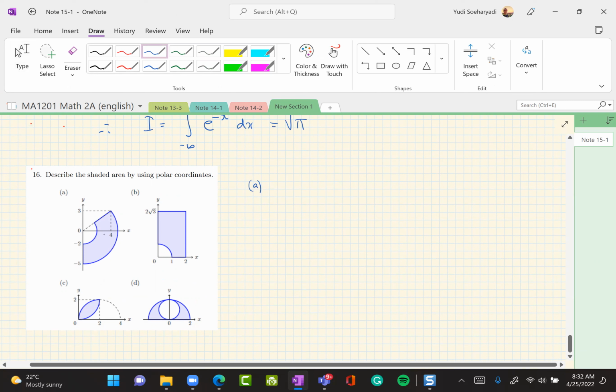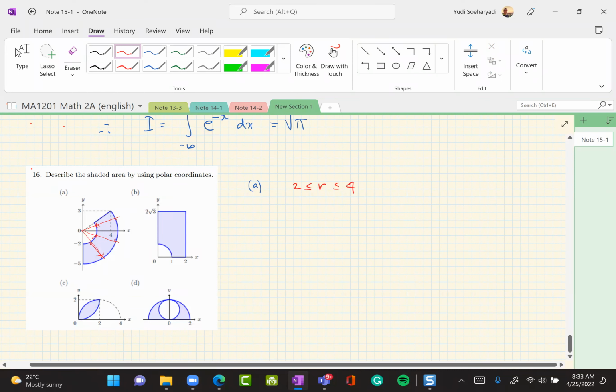This is a rectangle because you're going from inside to outside radially. You see that's going there. Okay, so this radial is coming from 2 to 4. Right?